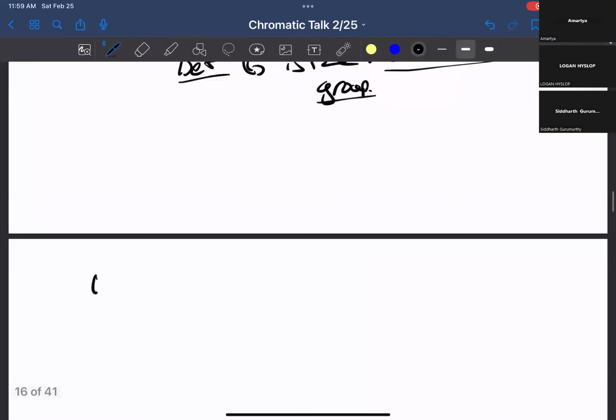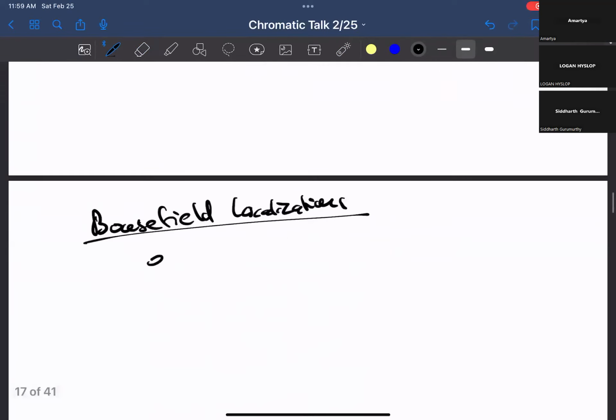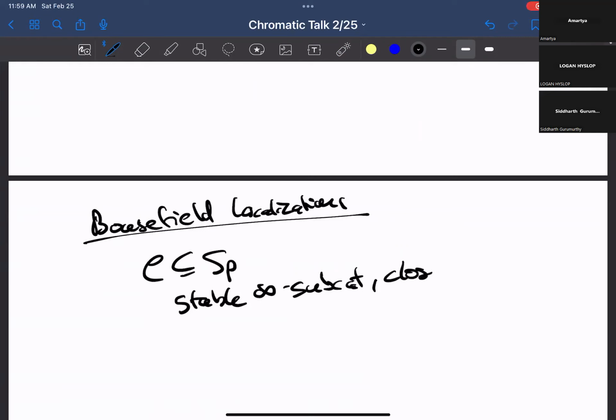All right, I'm a bit low on time, so I'm going to shift a little bit to Bousfield localizations. We can do this rather quickly, I believe. So the general setup is we're going to start with C, a stable infinity subcategory of spectra closed under colimits.